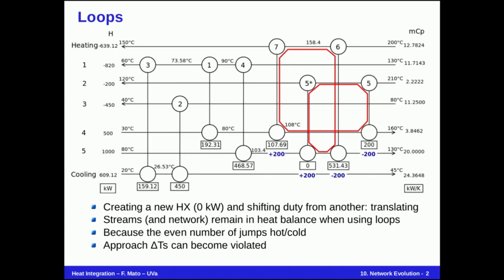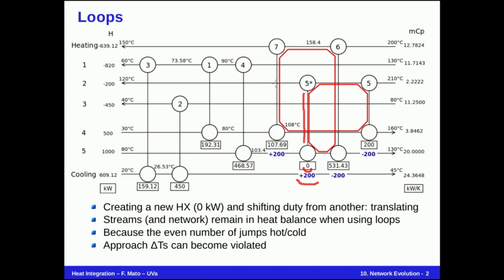In this example, we are just creating a new heat exchanger 5-star with a zero duty and translating heat from another heat exchanger to this one using a loop. We want the heat exchanger with a duty of 200 kilowatts, then the next heat exchanger in the loop will be subtracted 200 kilowatts, which will eliminate heat exchanger number 5.